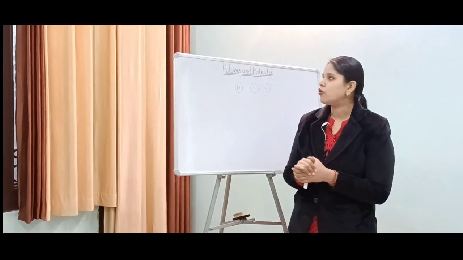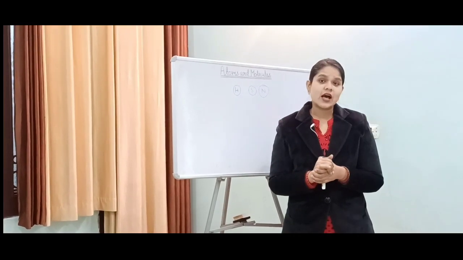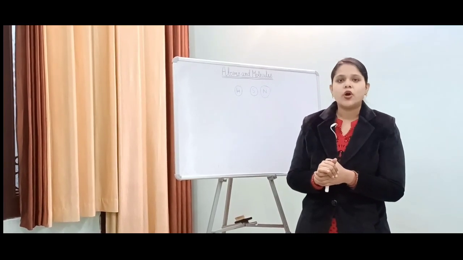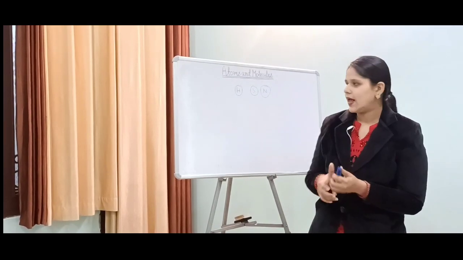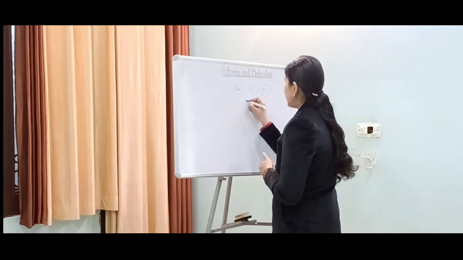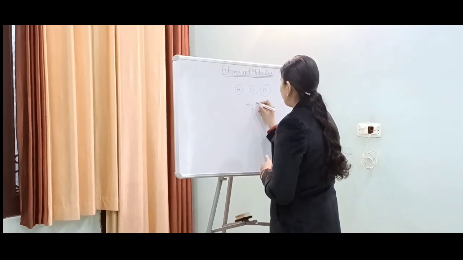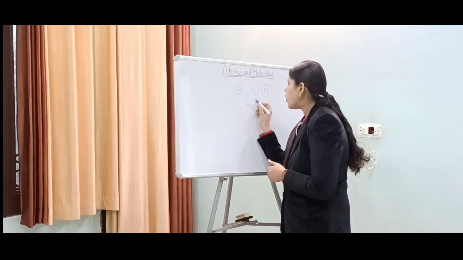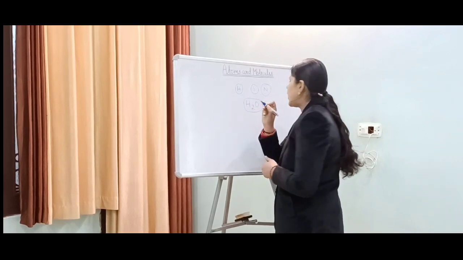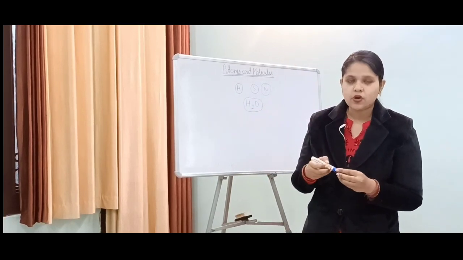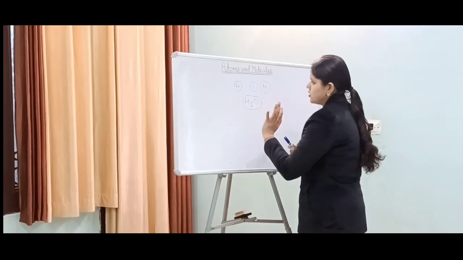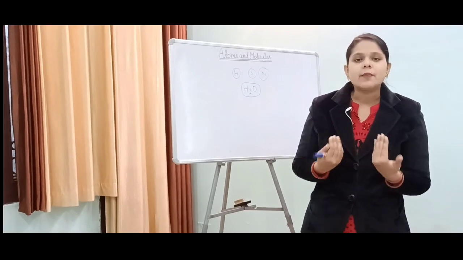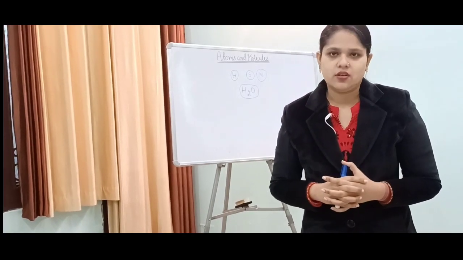Now, if we move forward to molecule, what is a molecule? A molecule is made up of two or more atoms, like H2O. This is a molecule. H2O is a molecule because it is made up of atoms of hydrogen and oxygen, and they are chemically bonded to each other.